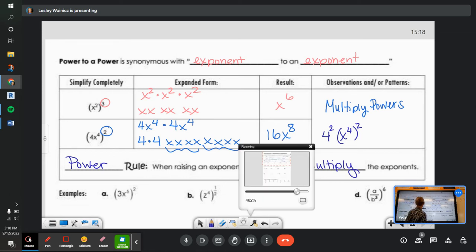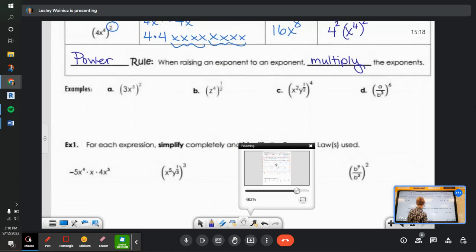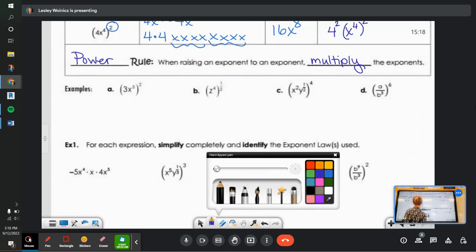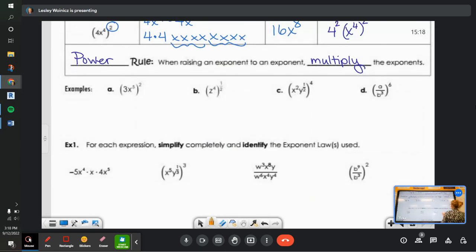Okay, look at A. This one's like the one that we just did up here. Okay, so everything in the parentheses is getting squared. The 3 is getting squared, and the x to the 5th is getting squared.